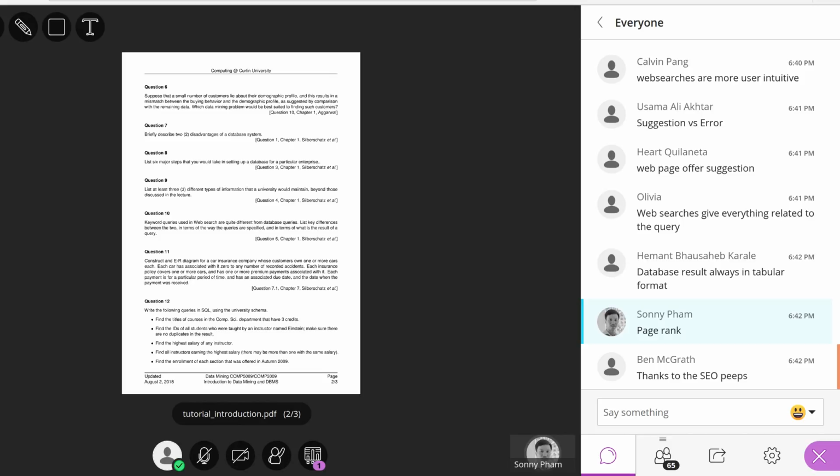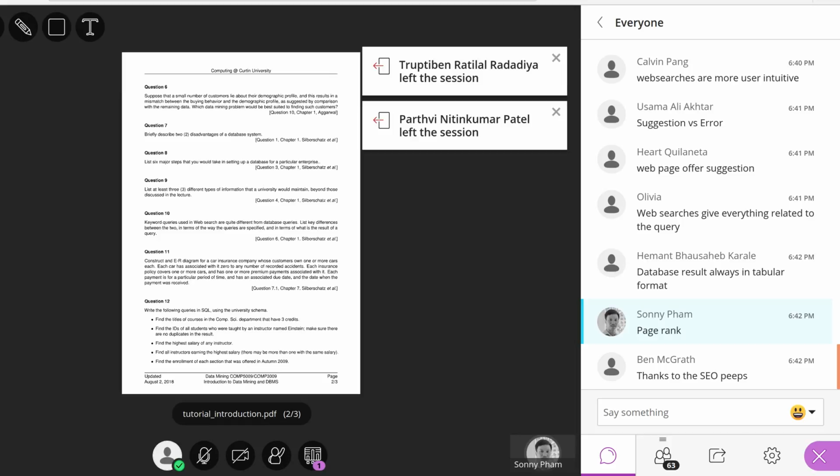Nothing less, nothing more. For example, if you are looking for data mining, it will return all the books with the title containing the words data mining, and not something like data analysis. So it has to be data mining if you look for data mining. Okay, so that's in terms of the results.